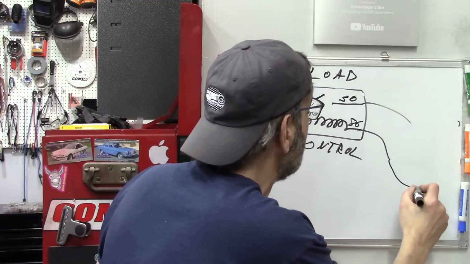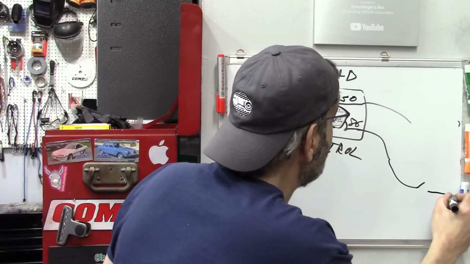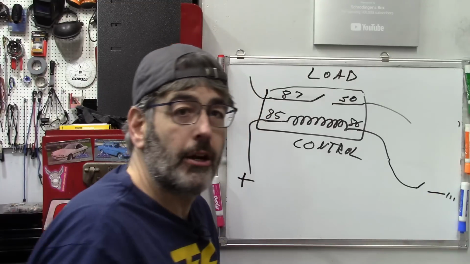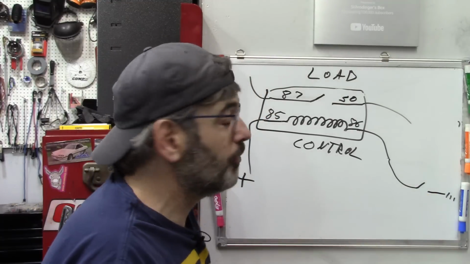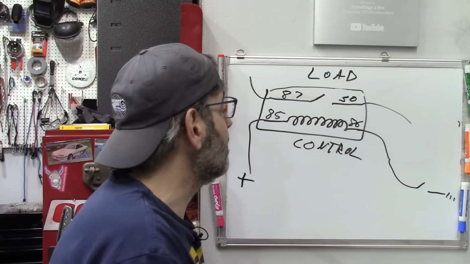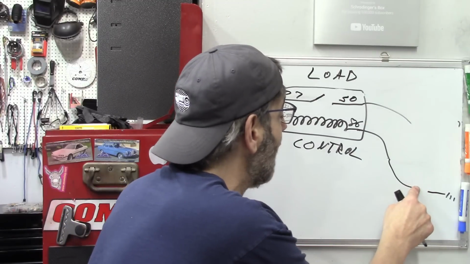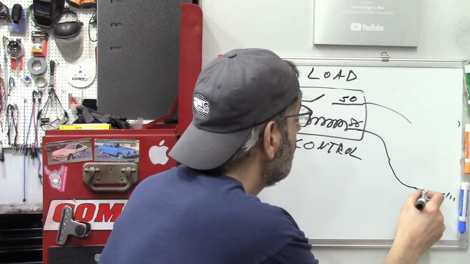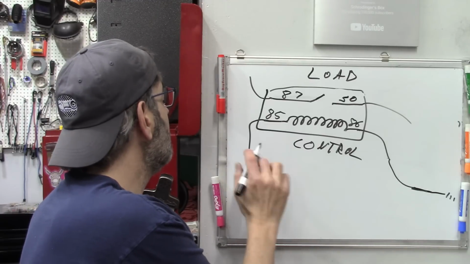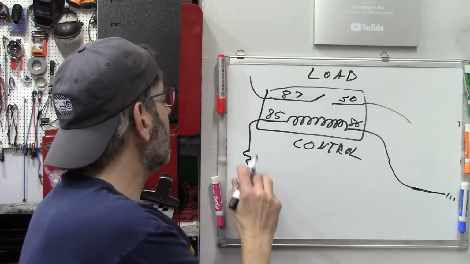So somewhere here will be a switch that goes off to ground, and the operator of the vehicle will do something to close that switch. Maybe this is for headlights. Let's say this is for the headlights. So when I turned on my headlights, what I did was I closed that switch. Well, there was already a fused power feed here.